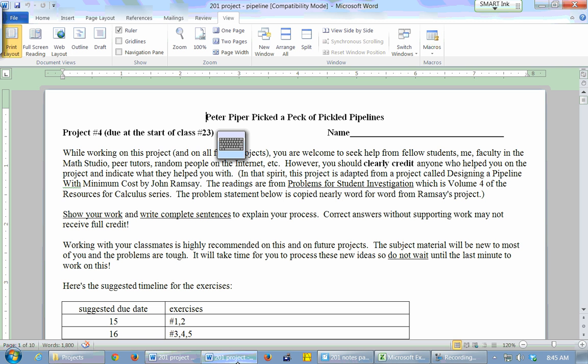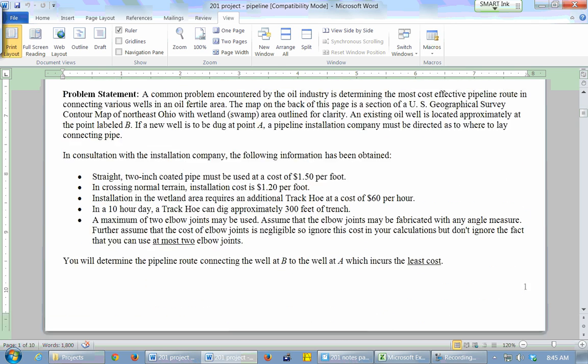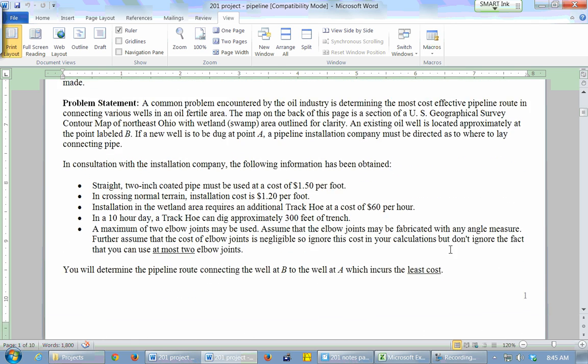Okay, so brief discussion of the pipeline project. Similarly, I've given you an outline of what days you should be doing which exercises to try to keep you on a steady pace to be done by the due date. So a common problem encountered by the oil industry is determining the most cost-effective pipeline route in connecting various wells in an oil-fertile area, right?